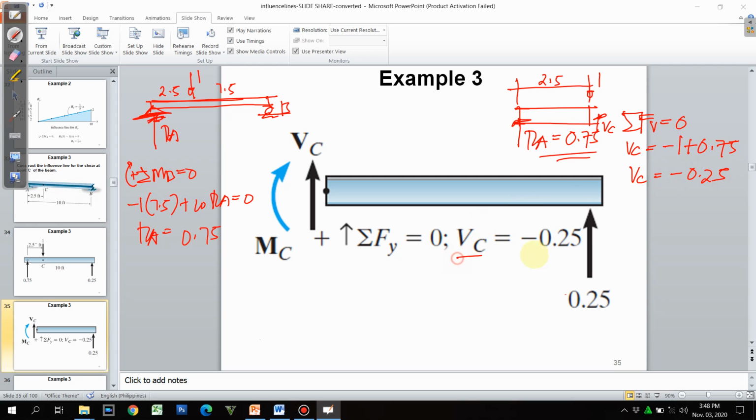So here it is. In this case, the solution makes use of the right portion of the beam. Just the same, it will yield the same answer.